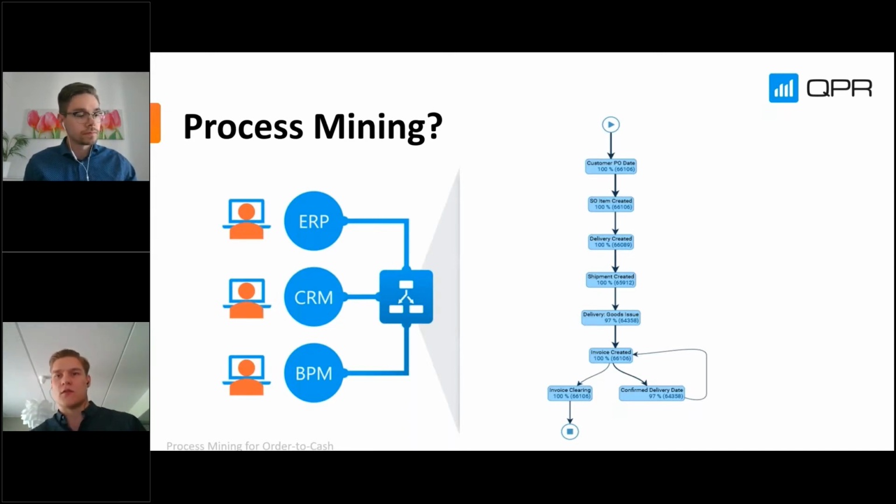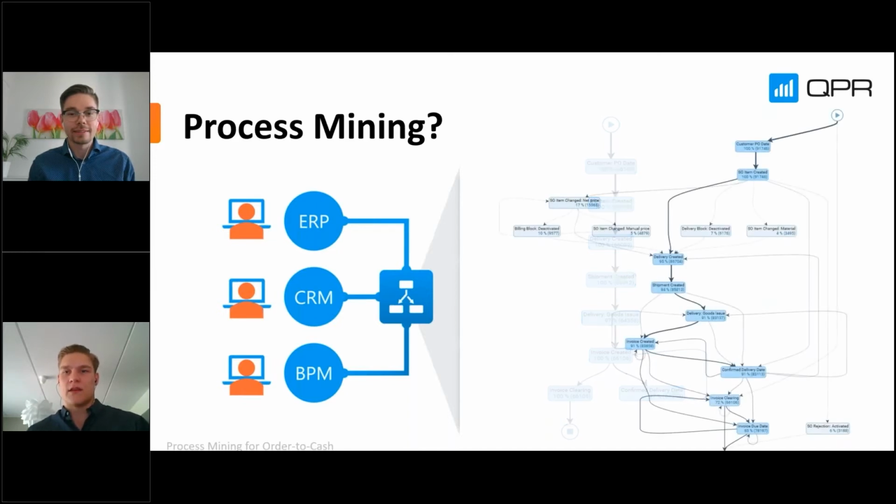Typically, organizations think of their processes in this way: very straightforward, easy and clean. However, in reality, when we analyze the processes, they typically look more like this. There are many different kinds of activities happening that we did not anticipate.